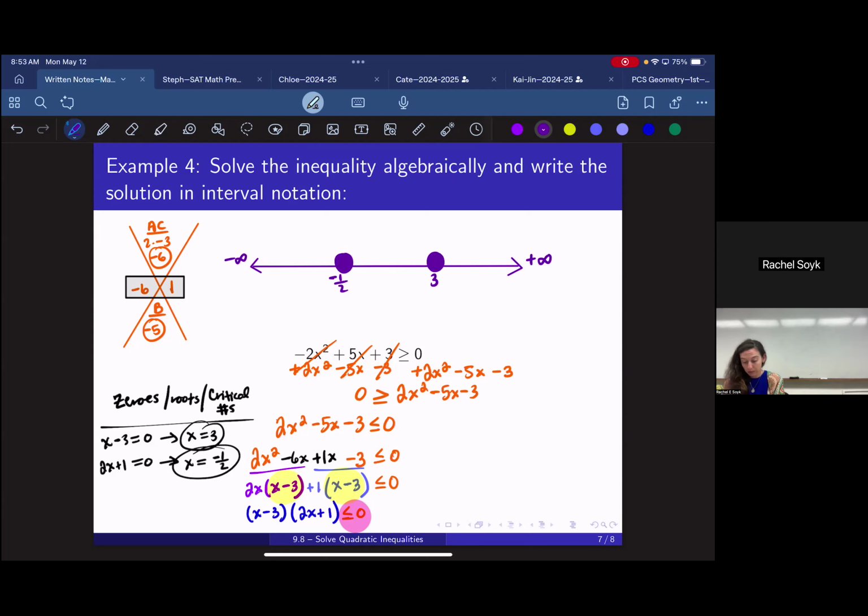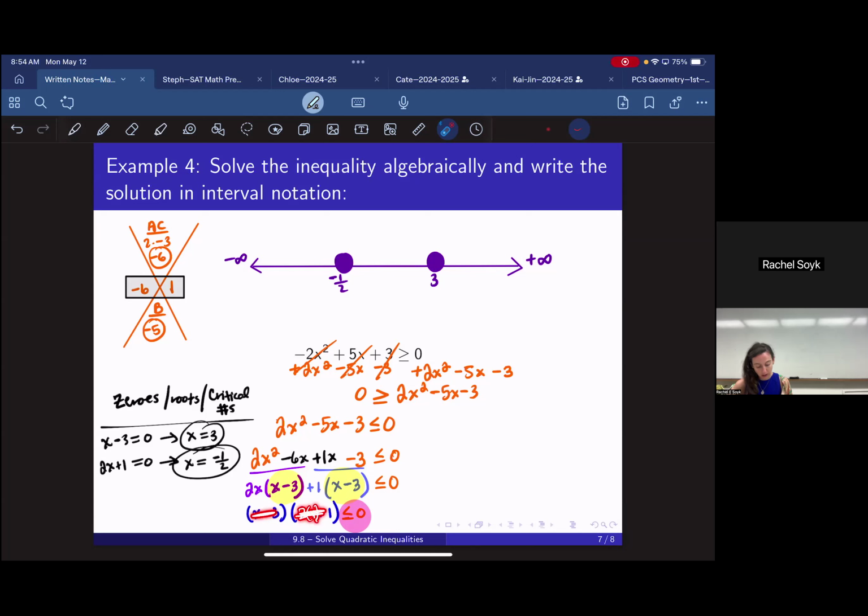And then let's choose some good test points. So a value between negative infinity and negative 1/2. Let's choose negative 1 and plug that in. If we plug in a negative 1 minus 3, that gives you a negative. 2 times negative 1 is negative 2, plus 1 is negative 1.